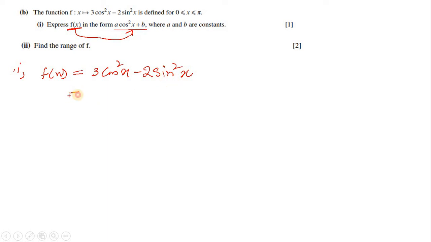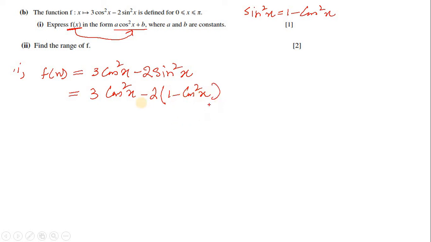So you don't need sine. That means you need to get rid of the sine from this given function. Just replace sine square with the value in terms of cos, and you know that sine square x is equal to 1 minus cos square x. So 3 cos square x minus twice of (1 minus cos square x), and simplify.